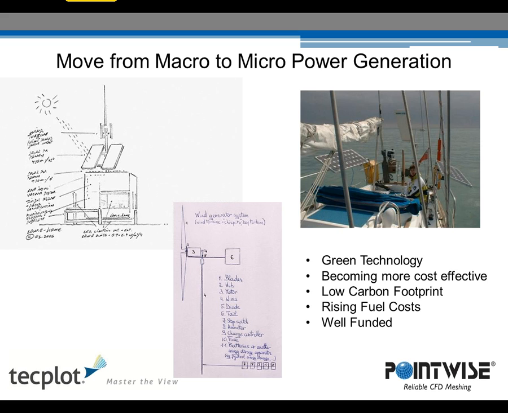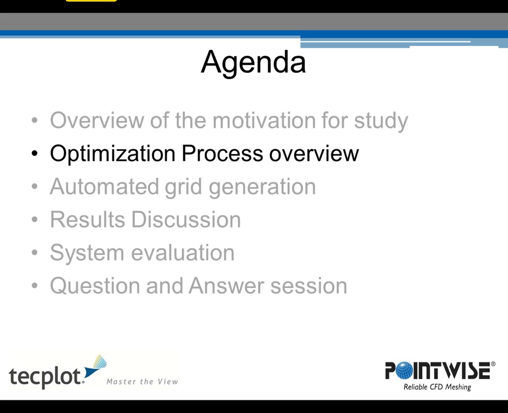In the domestic market, we're interested in lowering our carbon footprint. With gas prices and fuel consumption continuing to rise around the world, we're looking for alternative ways. This particular area is very well funded at this point. I know Obama has set aside a significant amount of money to look at some of these technologies. So that's some of the backdrop of why there's so much interest in this area.